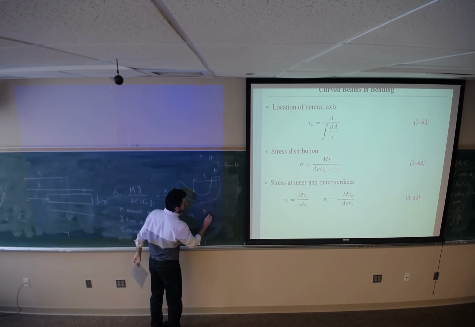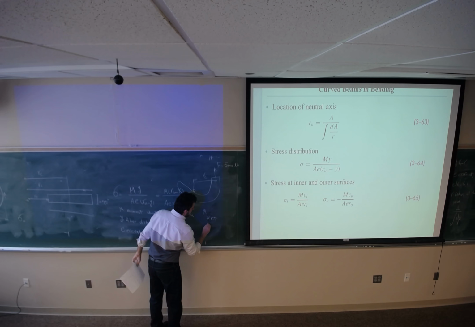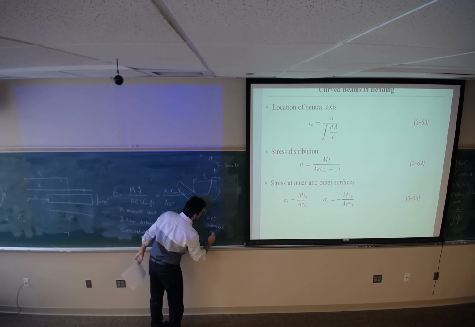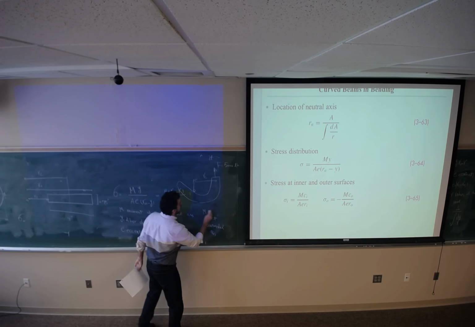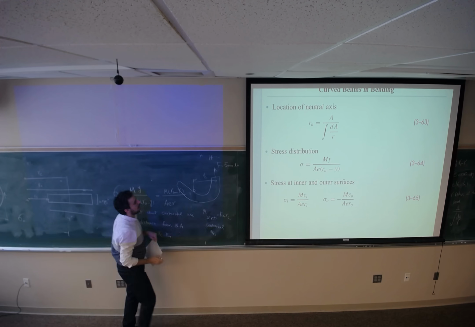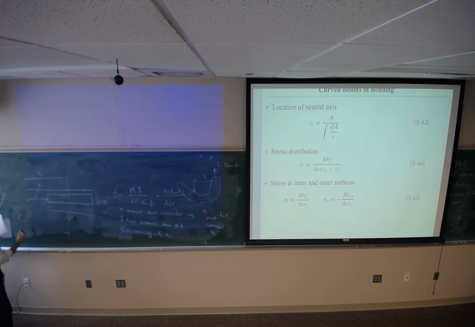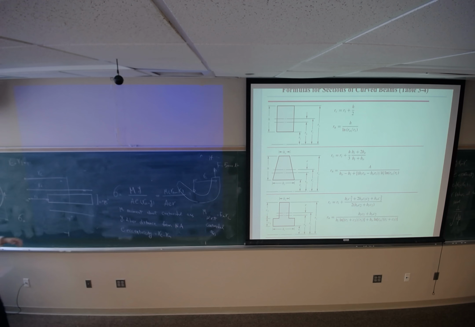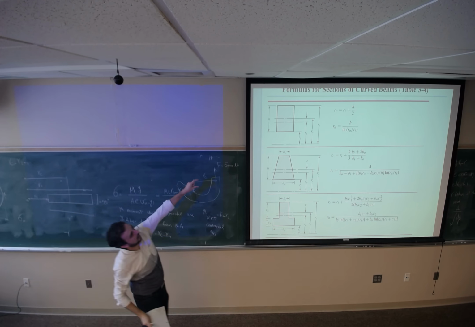M with respect to the centroidal axis would be force times Rc. How can I find Rc? It's Ri plus half of h, which is 4.